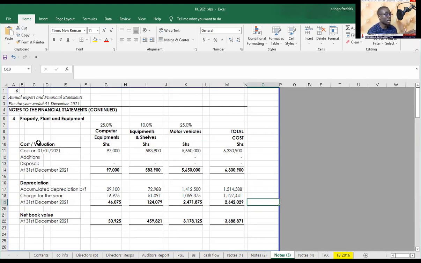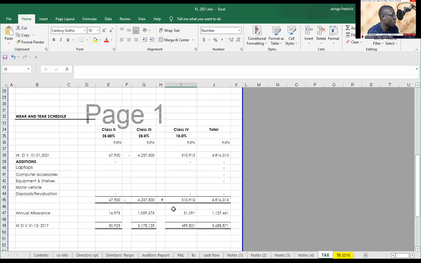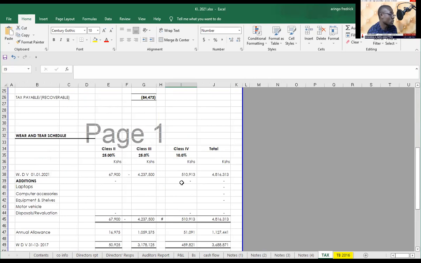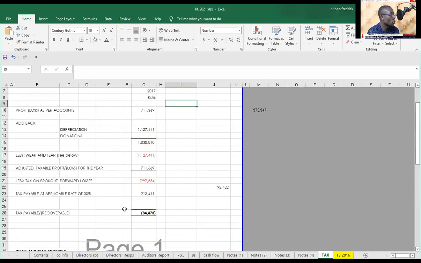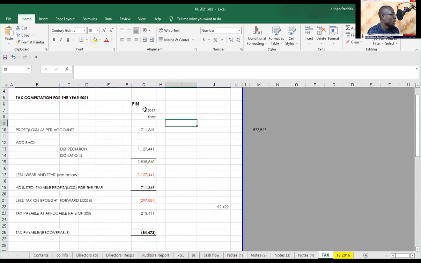So you'll find that if they were different, whenever we'll be preparing our tax component here, at the end of the day, I'll have to do a reconciliation in our task here.